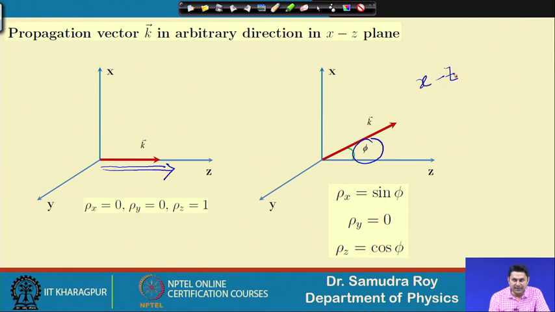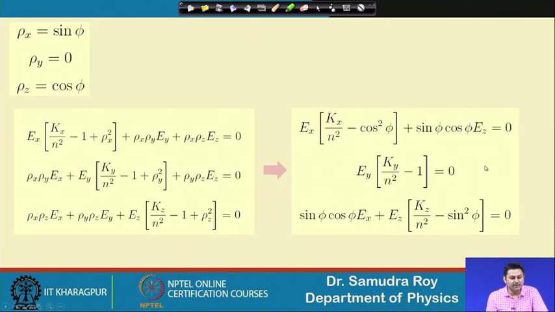If that is the case, then rho x, rho y, rho z will have a simple form. Rho x will be sin phi, rho y will be 0 and rho z will be cos phi, as shown here.